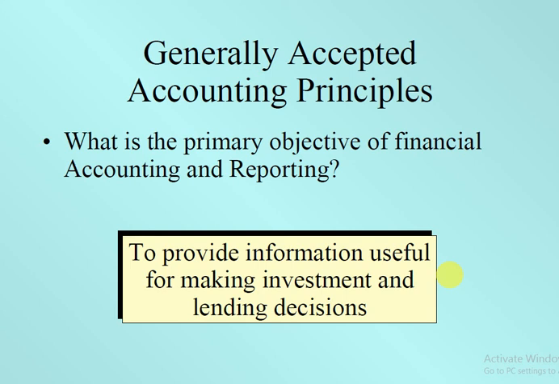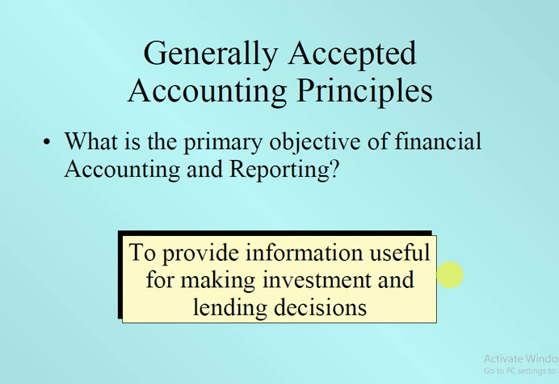The primary objective of generally accepted accounting principles is to prepare the financial statements and pass all the business transactions accurately and produce a certain result. What is the primary objective of financial accounting and reporting?